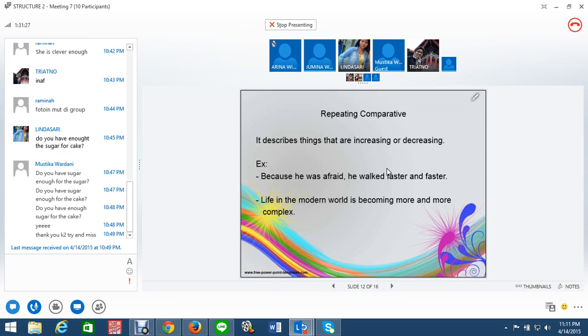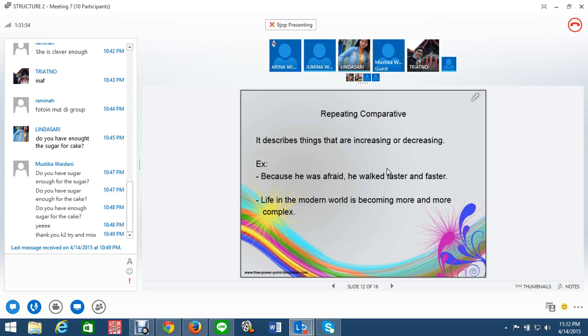So we are going to discuss about repeating comparative 7.20. Okay, 7.20. Jadi double comparative itu it should be repeating a comparative atau repeating comparative.